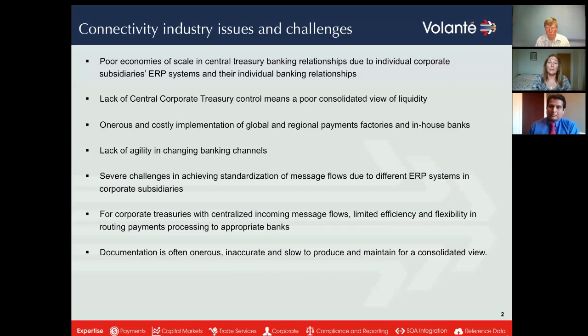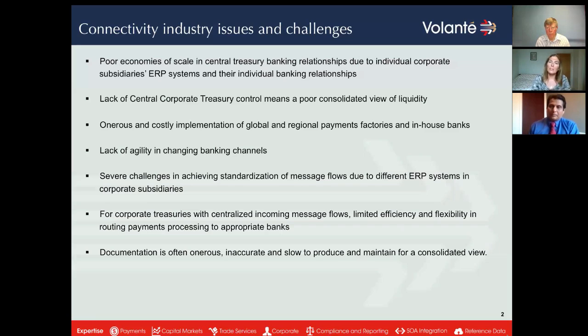However, the problem is that all of those subsidiaries are probably using different ERP systems, different treasury management systems. So how do you take that payment information and cash management flow going back the other way in a format that has least impact on a subsidiary? Because if you're trying to get all of those ERP systems and TMS systems changed to take some kind of data format that the central treasury requires, it's going to take forever and a day.